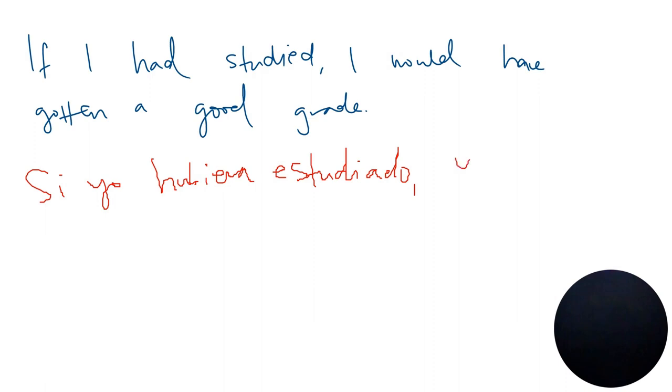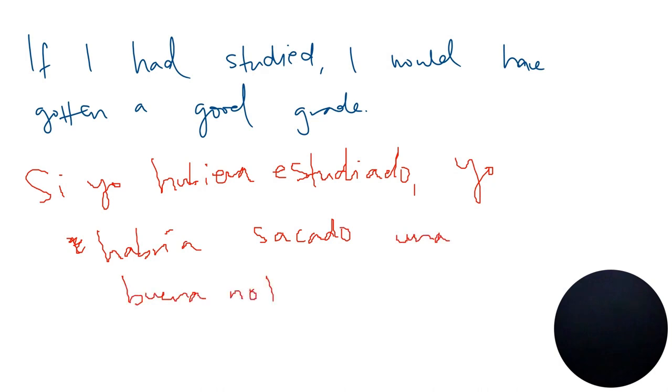I would have, which would be conditional perfect, yo habría sacado una buena nota. So we have past perfect subjunctive followed by past participle, and then conditional perfect followed by past participle. If I had studied, I would have gotten a good grade.